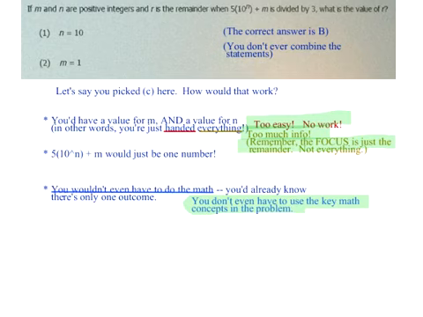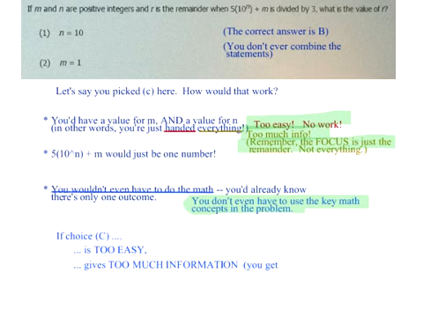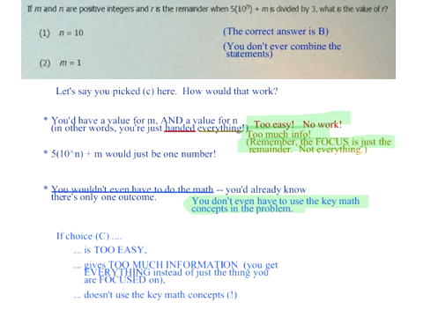If choice C is too easy, if it gives you too much information, in other words, you get everything in the problem instead of your focus, and if it doesn't use the key math concept in the problem, then don't pick it. It's a trap.